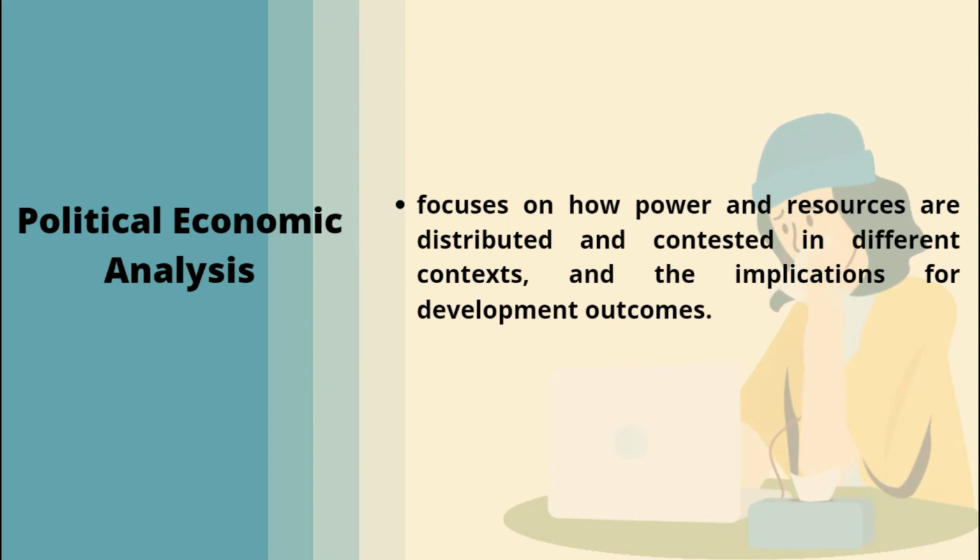So, in short, political economy analysis is about understanding the political dimensions of any context and actively using this information to inform policy and even the programming aspect. So, politics is the formal and informal ways through which contestation or cooperation occurs in a society.